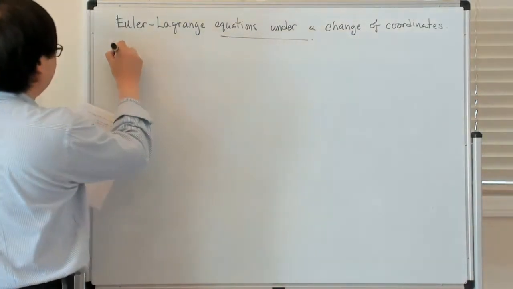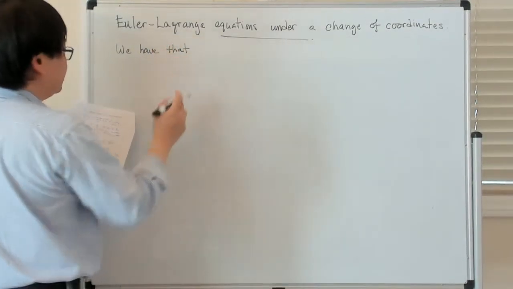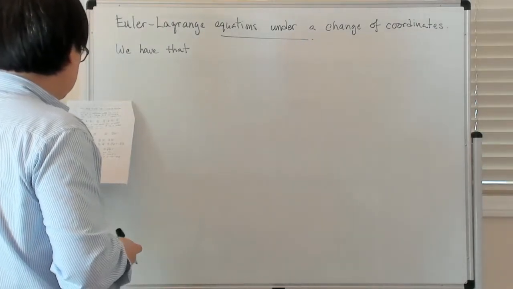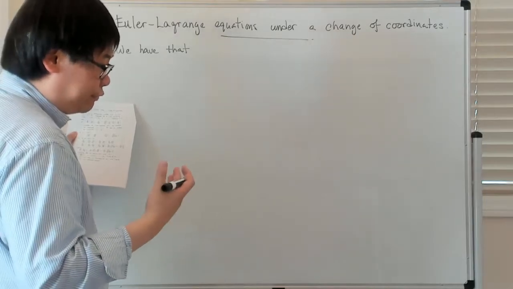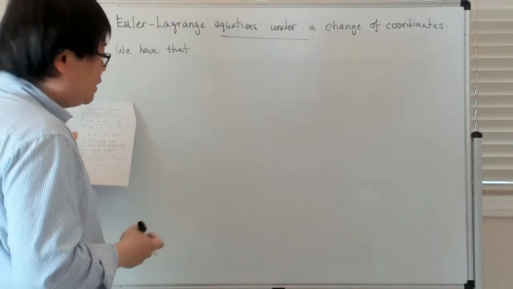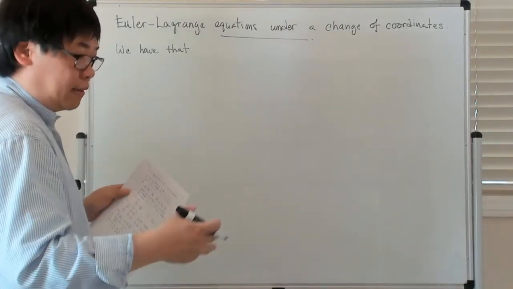Okay, so we have the following. We have that the change of coordinates for the positions, the Jacobian for the change of coordinates of the position, is the same as the Jacobian of the change of coordinates for the velocities as well.